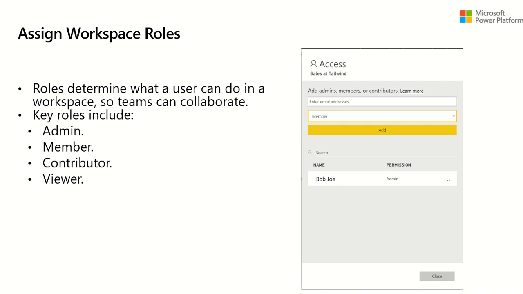A contributor can contribute to the report design, but cannot make modifications and share with another person. But if somebody is given admin rights, the person is able to create, and also give permission or share the same thing with someone else. So that is the admin role.